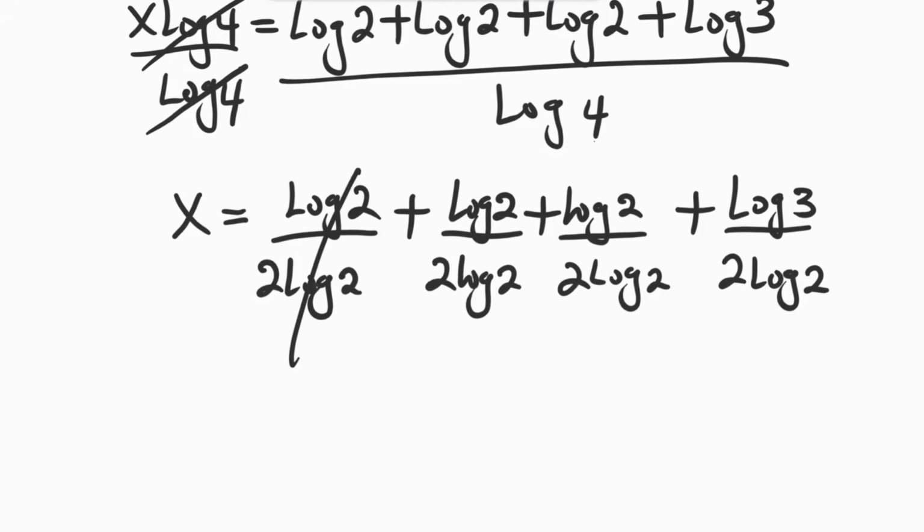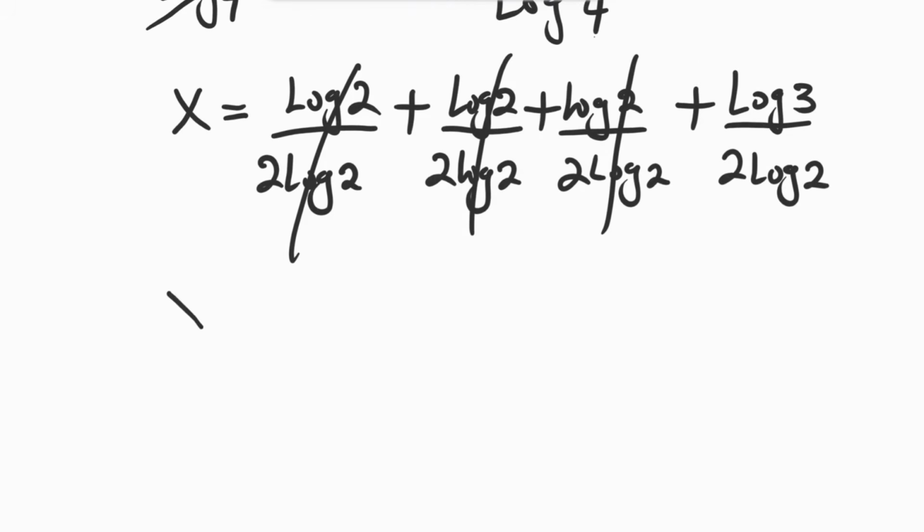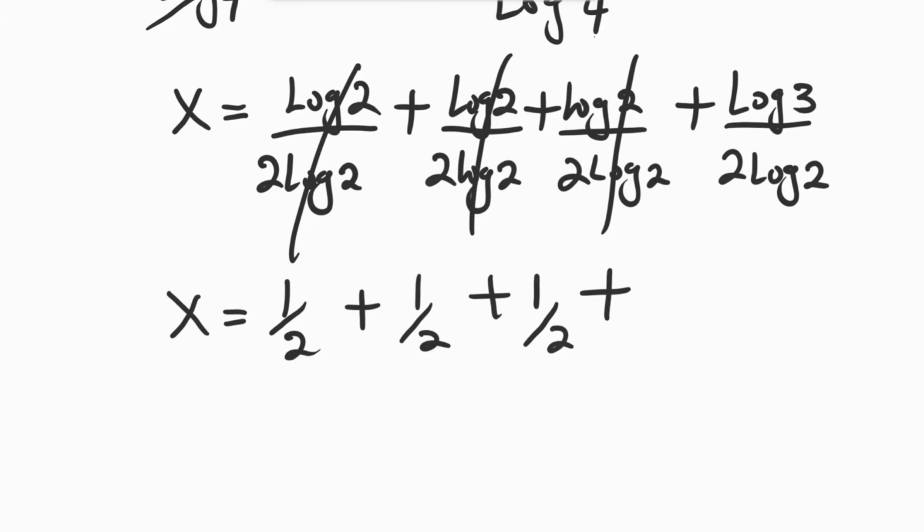Now log 2's cancel out, log 2's cancel out, log 2's cancel out. And what do we have left? We have half plus half plus half plus log 3 divided by log 2.